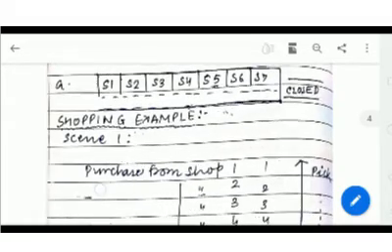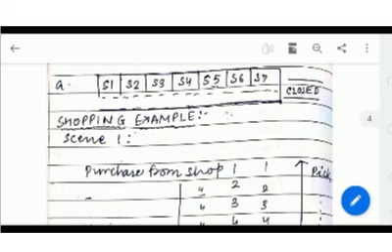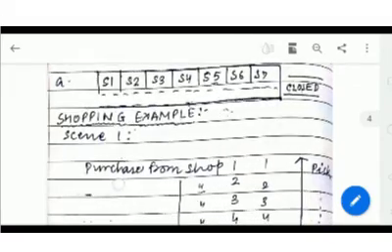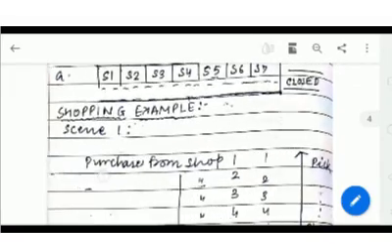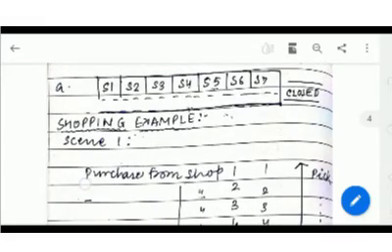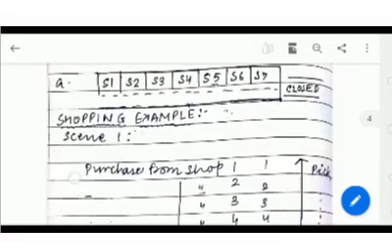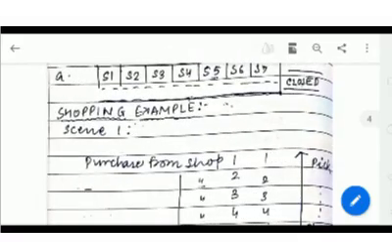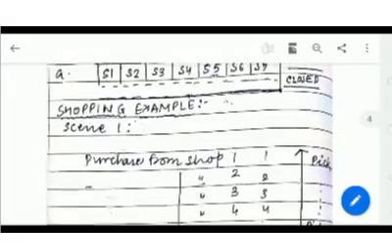Since you have purchased the product from shop number 7 at last, when you start picking the product, you will pick it from shop number 7 first, means from the last shop, and the last packet that you will pick will be from shop number 1, because it was the shop from where you purchased the product for the first time.